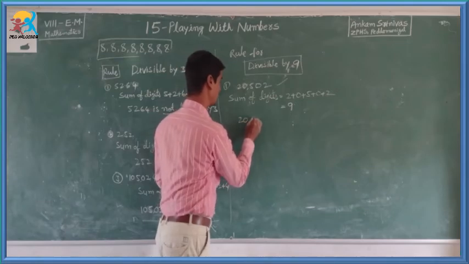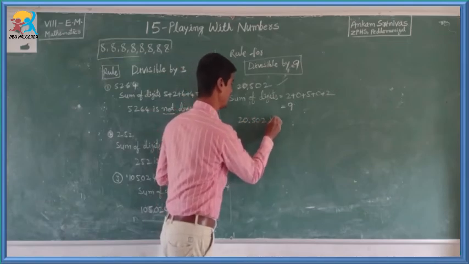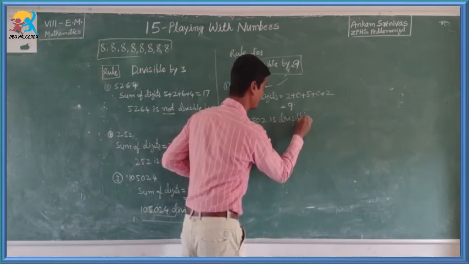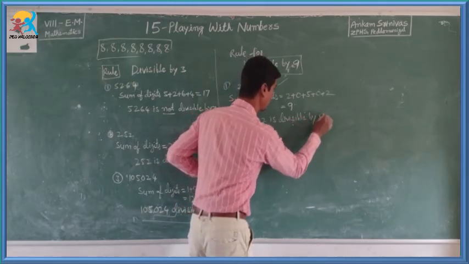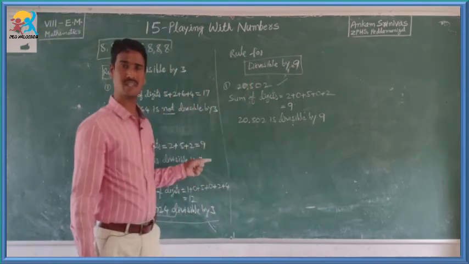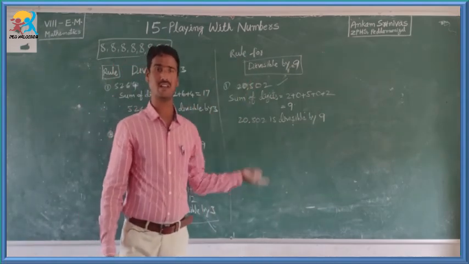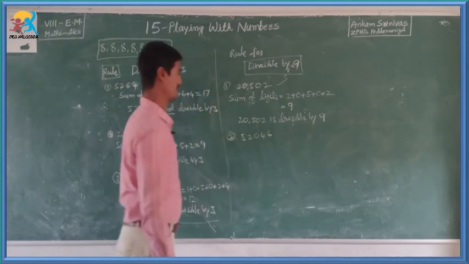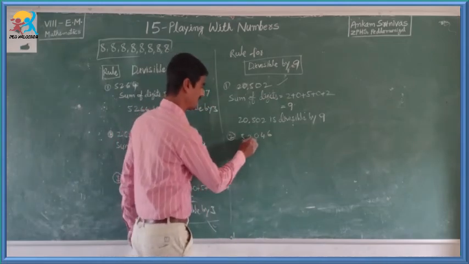So 20,502 is divisible by 9. Very easy, no? To check whether divisible by 9 or not. Take the other problem, 52,046.